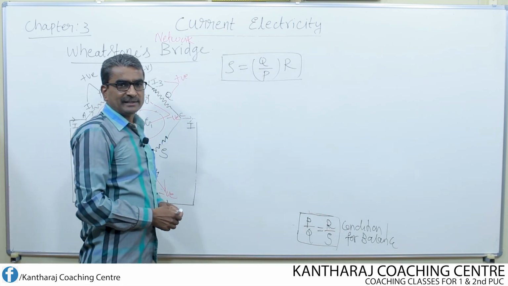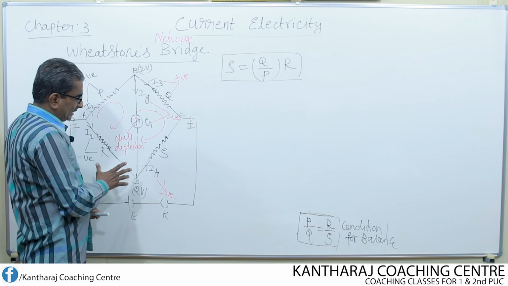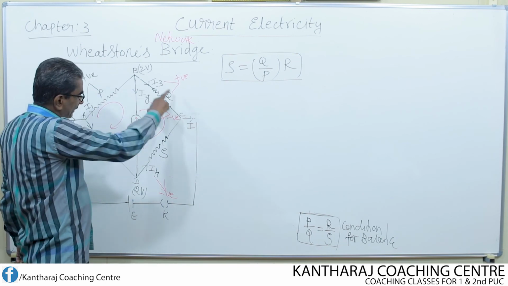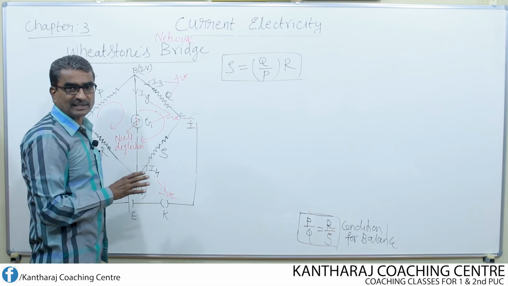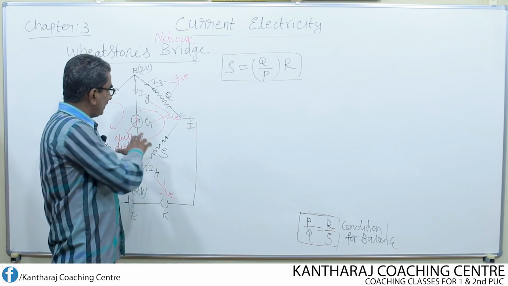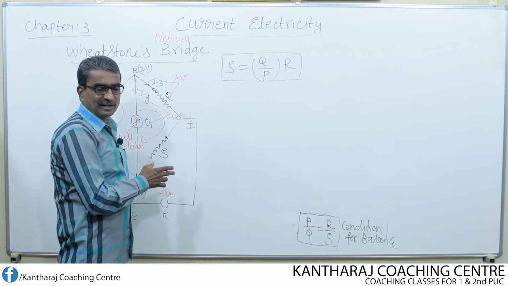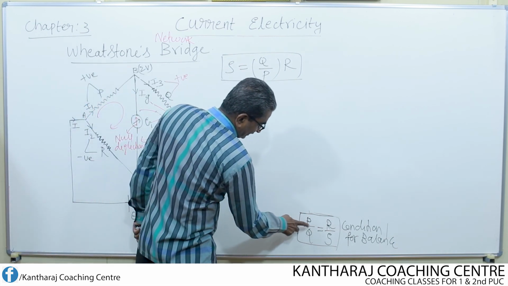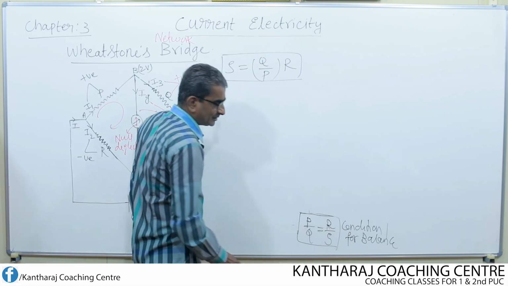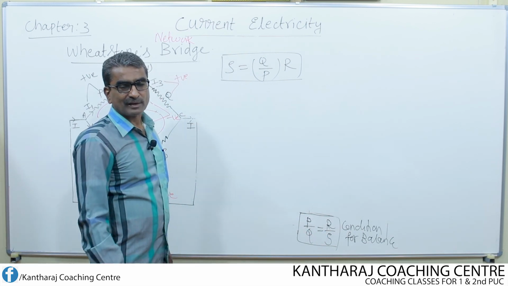See, in the beginning I told you that resistances P, Q, R, S are connected in non-cyclic order. Since all resistors are connected in non-cyclic order, expressing the equation P by Q equal to R by S is easy to remember.